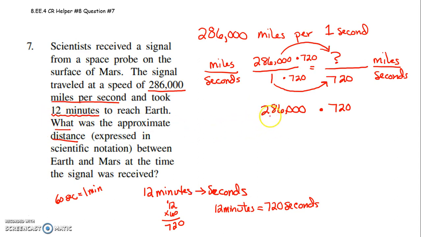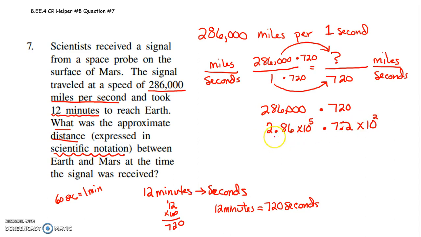All right, I'm going to put them both in scientific notation because they want my answer in scientific notation. So this one is 2.86 times 10 to the 1, 2, 3, 4, 5, 10 to the 5th, times 7.2 times 10 to the 1, 2, second power.